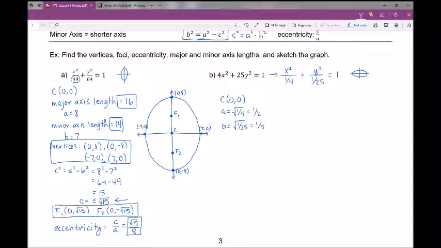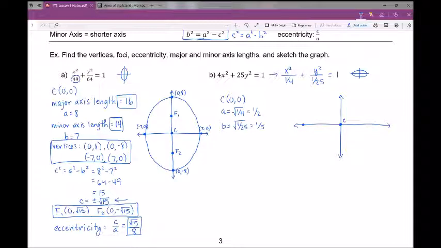Okay, so we found a and b, so let's go ahead and start graphing this ellipse. Okay, so I'm going to make the x-axis a bit longer this time because I know it has that horizontal angle to it. Okay, so let's go ahead and graph our center. So that's C. And I know that I'm going to go 1/2 to the left because now our major axis is in the horizontal direction.